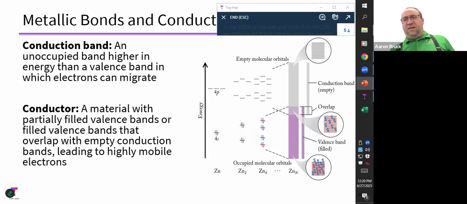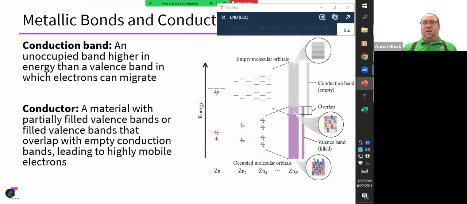So the empty conduction band has to overlap with the occupied band if we're going to see electrons flowing through the metallic sample.